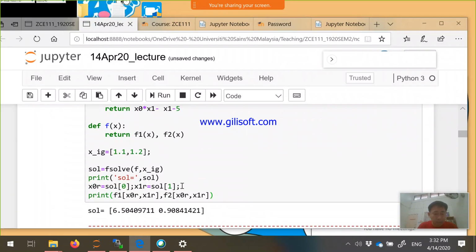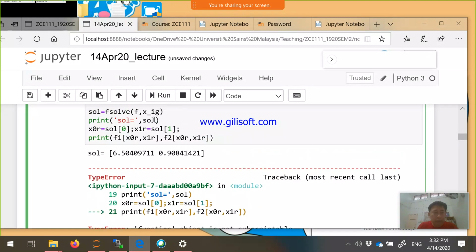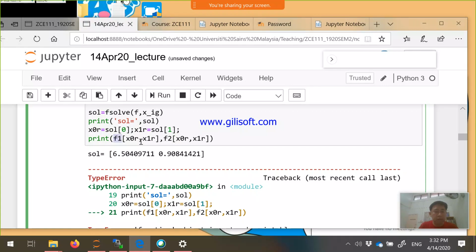So now there's a problem of a typo error. In order to evaluate the values of f1 and f2 at the values of x0 and x1, I have to be very careful. When you want to print out the values of the function, you should place the argument in a round bracket, not in a square bracket.